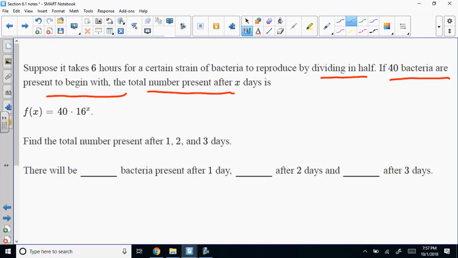Well, that's just a regular old plug and chug, right? So I would have 40 times 16 raised to the first, and then 40 times 16 squared, and then 40 times 16 to the third, right? Let's see.